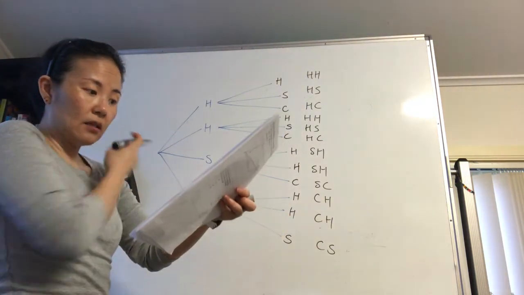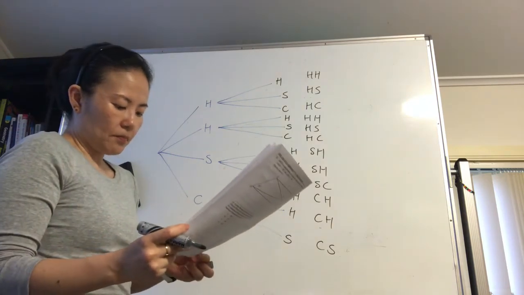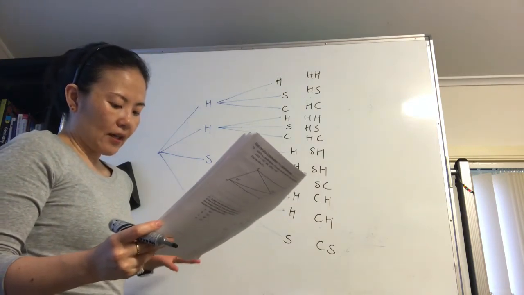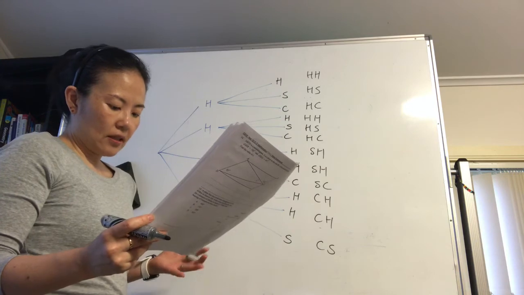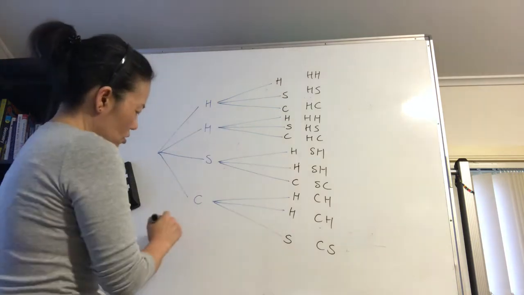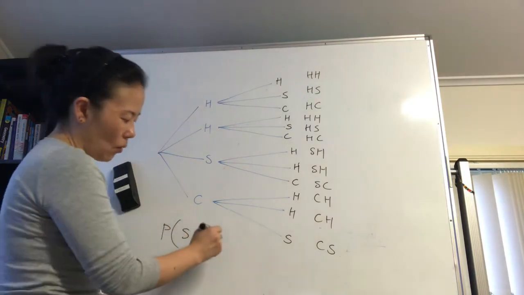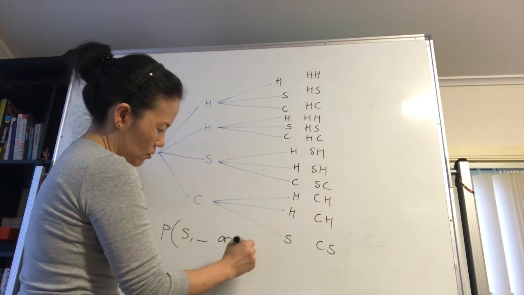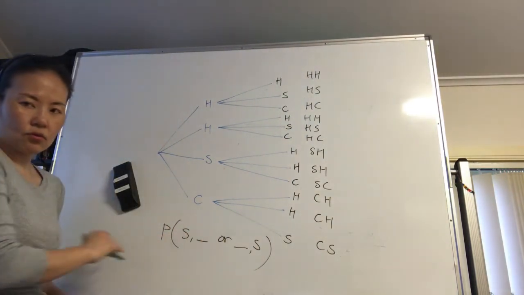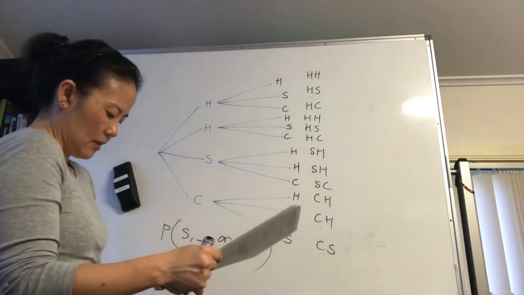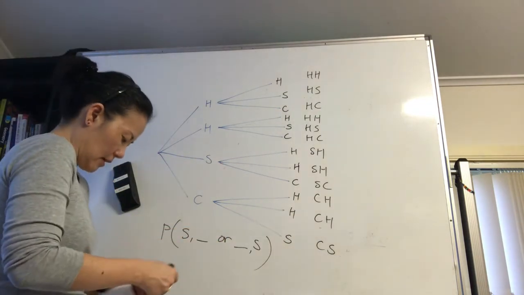Now, the question is, what is the probability that one of the cards he draws is a spade? So you could have a spade and something else, or something else with a spade. So there's two choices there, okay? So what's happening? Let's have a look at that.